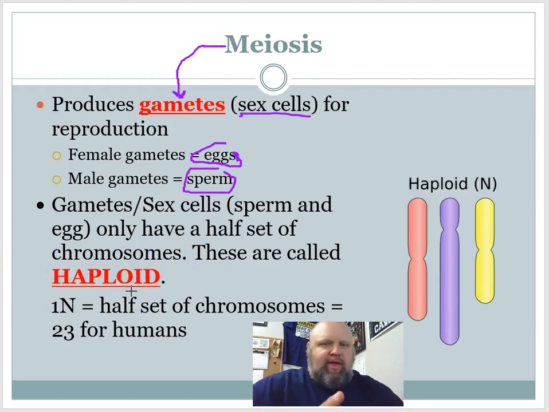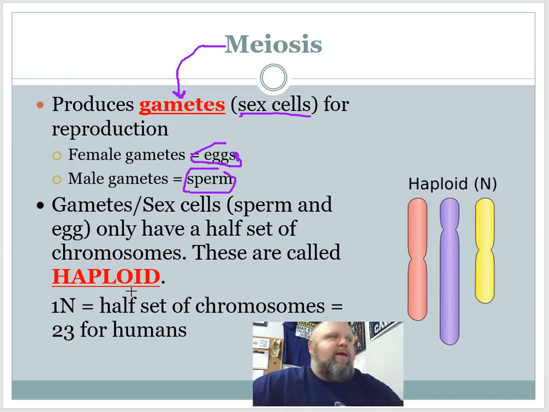Why can they only have half? Why can't they have the full amount of chromosomes? Well, think about it. The sex cell from your dad and the sex cell from your mom came together and made you. In order for you to have 46 total chromosomes, you couldn't have had a full set in the sex cell from each parent, because then you would have had 92.